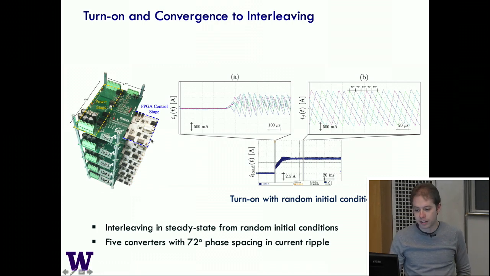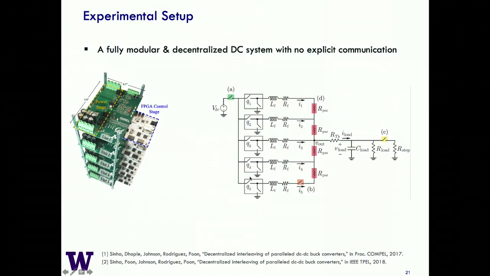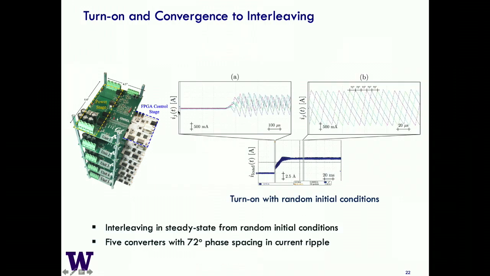So here is the experiment where I'm showing the total current that flows into the load. So let me just back up. This is the total current going into, let's say, a computational load, for instance. And then these are the individual currents. We're zooming in, and here is that triangular ripple I was talking about. So we actually start them out completely random.